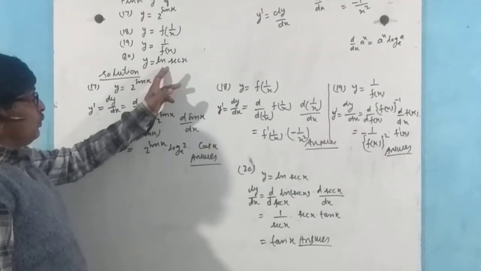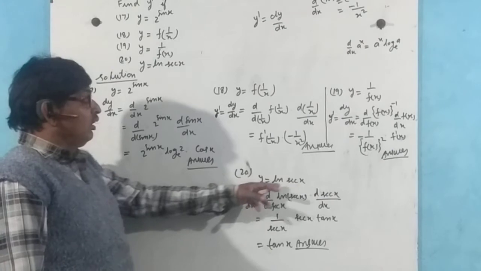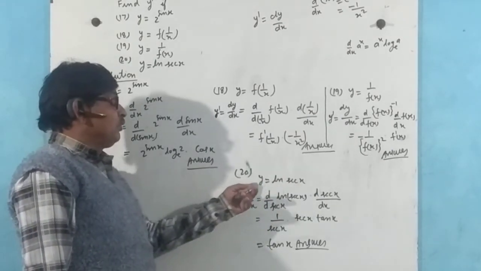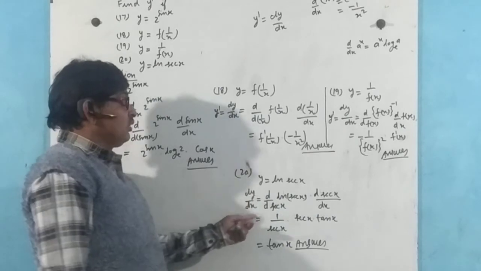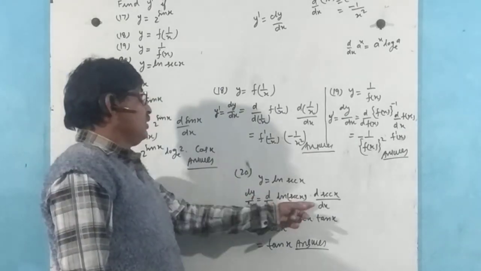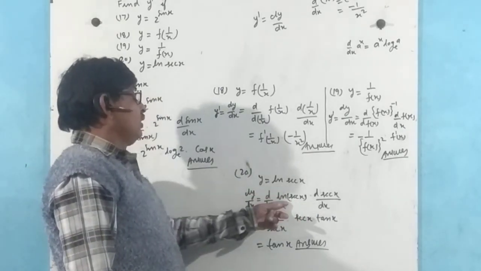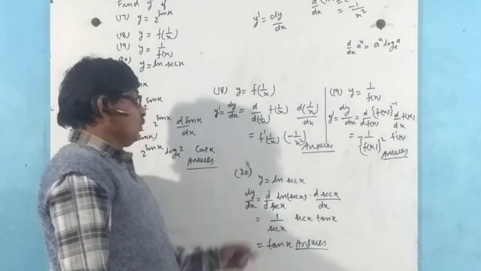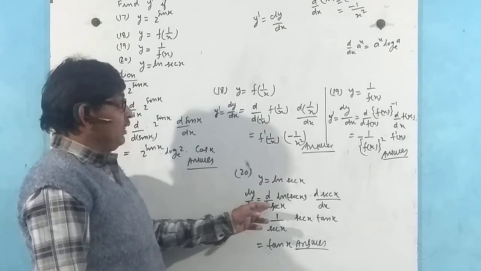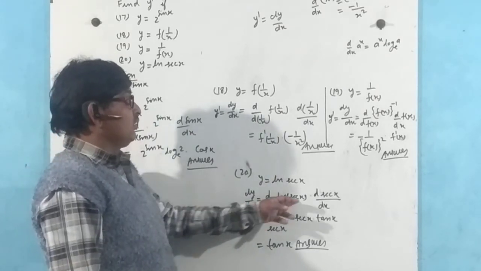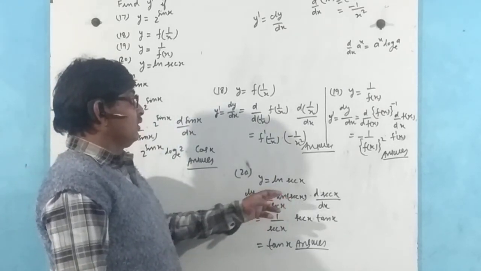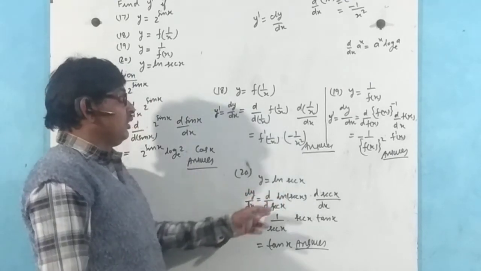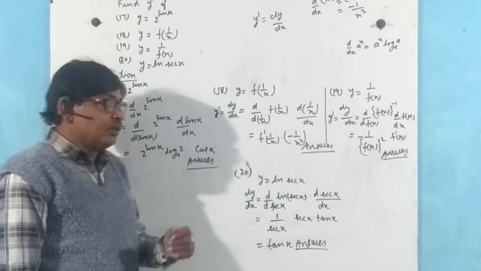Now question number 20. y is equal to log sec x. Log sec x, on differentiating with respect to x, dy by dx, arrange this d by dx of ln sec x, this and this cancel, so that d by dx of log x is 1 by x.